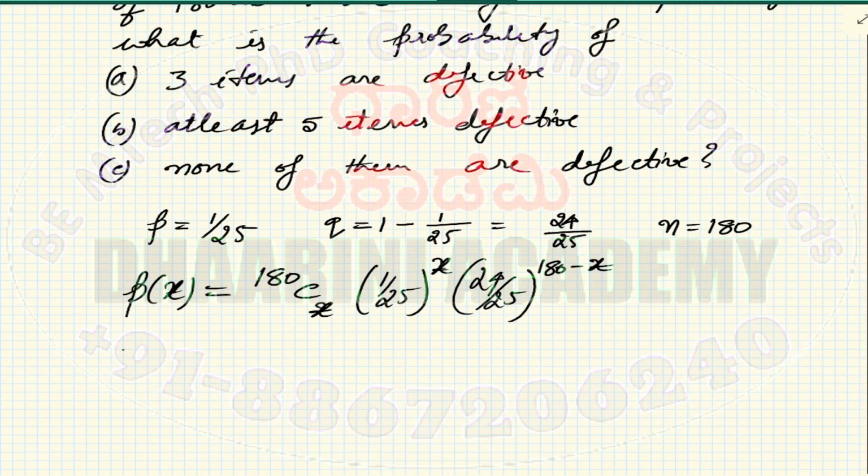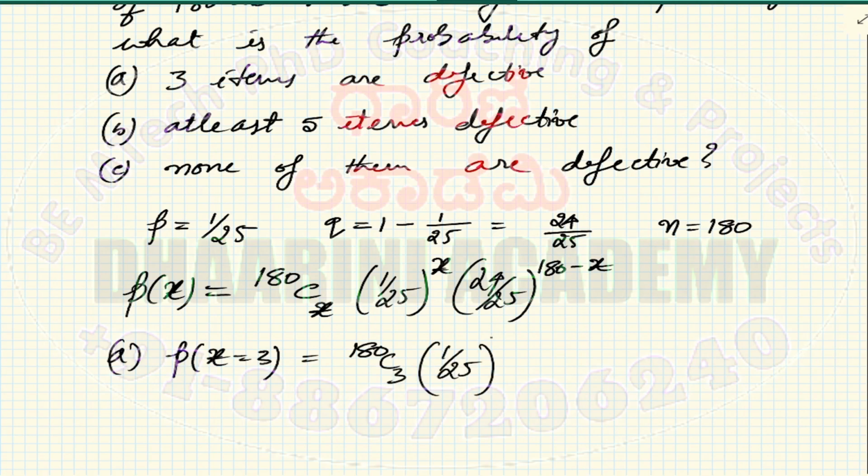First part, exactly 3 items are defective. So what they are asking is p of x equal to 3. That means 180 c3 1 over 25 to the 3, 24 by 25 to the power 180 minus 3, right? 177.